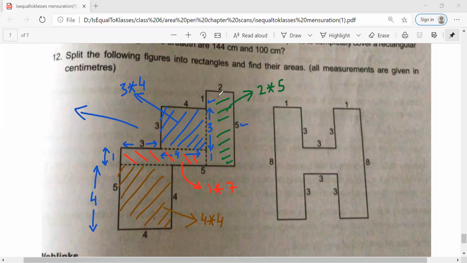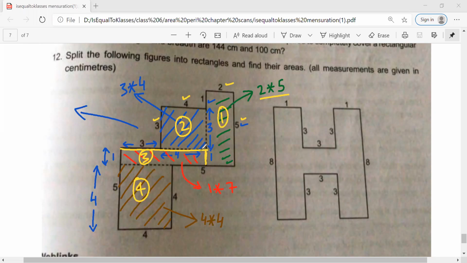Because Satya, what I've done is I have made 1, 2, 3, 4 rectangles. So this first rectangle, the area would be 2 into 5. For the second rectangle, the area would be 4 into 3. For the third rectangle, the breadth would be 1 and this whole would be 7.